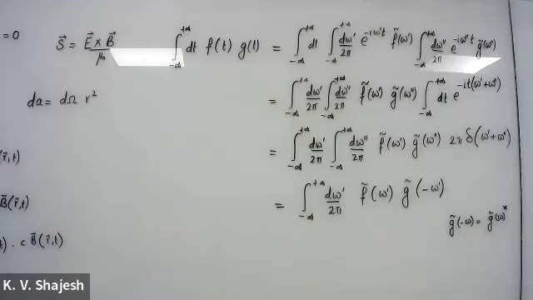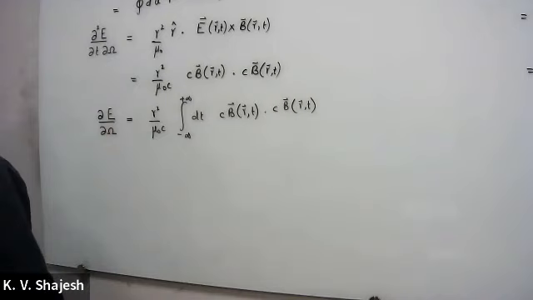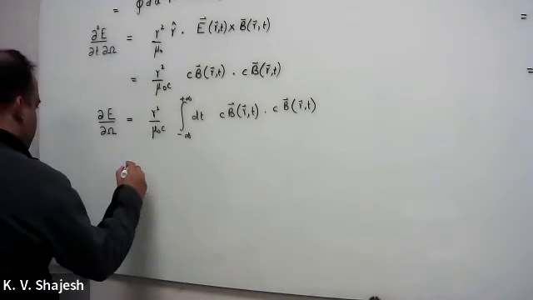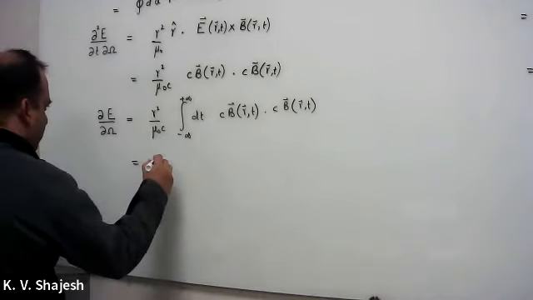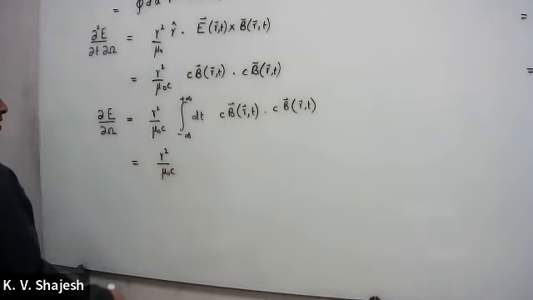Using that, we have the energy radiated per solid angle is nothing but R square over mu naught c.